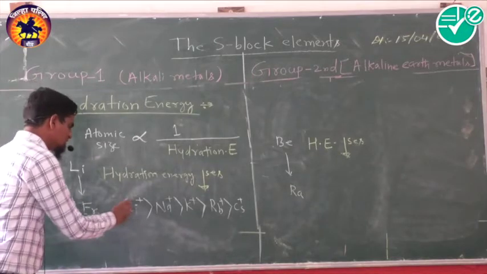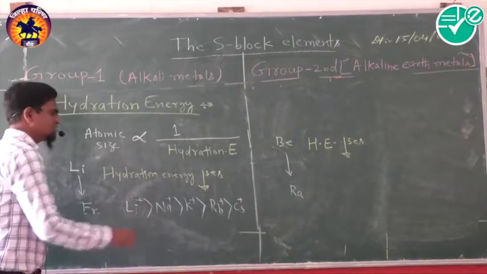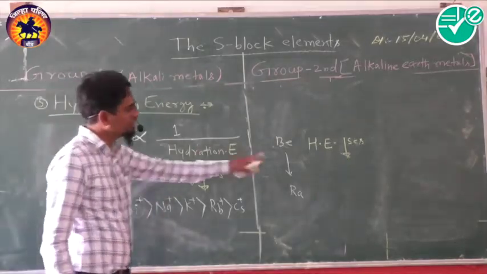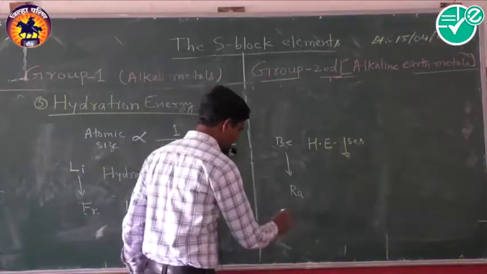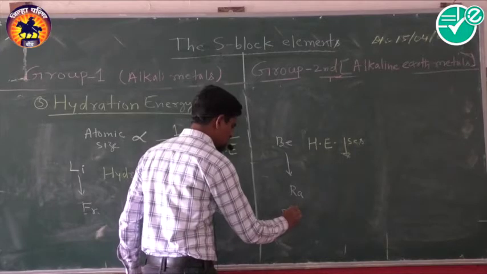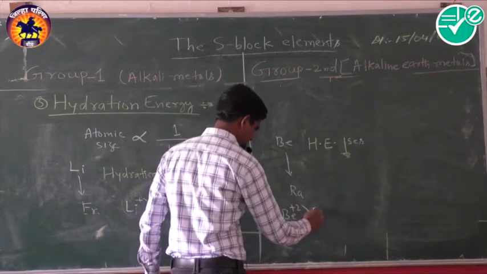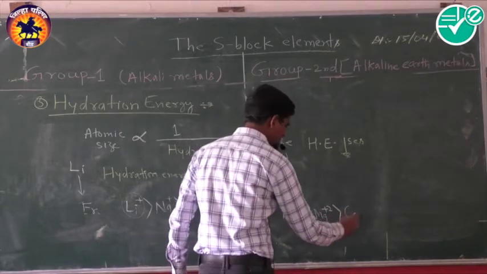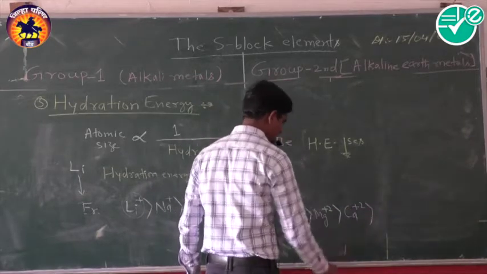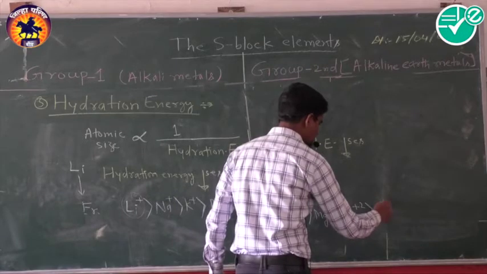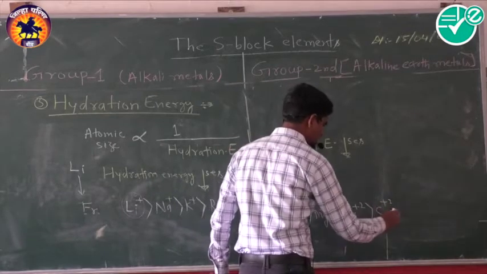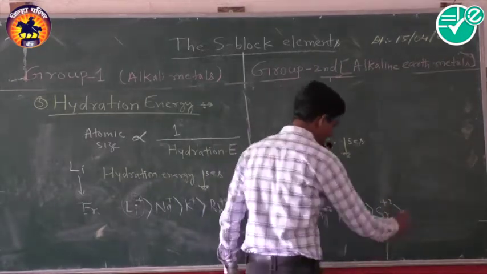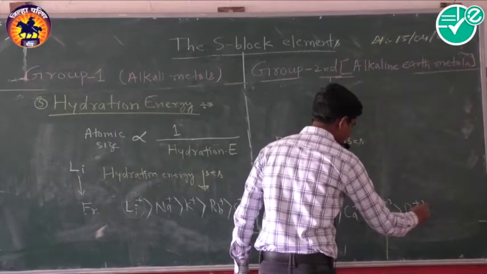Lithium is small in size, therefore it has the highest hydration energy. The same thing is going on here: Be plus 2, then Mg plus 2, then Ca plus 2, then Sr plus 2, strontium, then Ba plus 2.